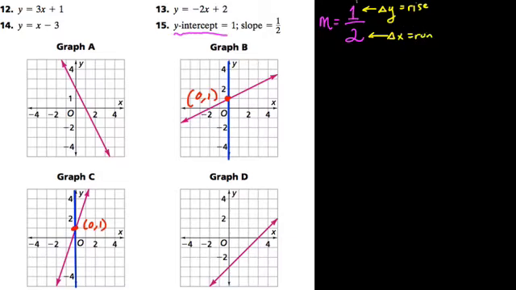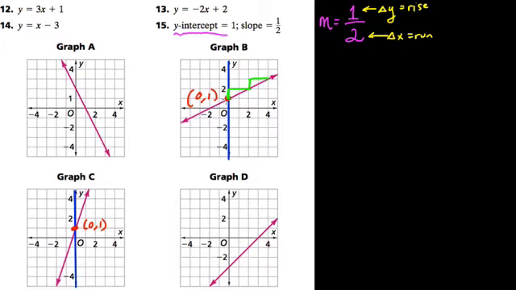That's the change in height over the change in the left or right direction, vertical change over horizontal change, rise over run. So on this line, if it's correct, when I go up once and right twice, that's a slope of 1/2. Up 1, over 2, up 1, over 2.